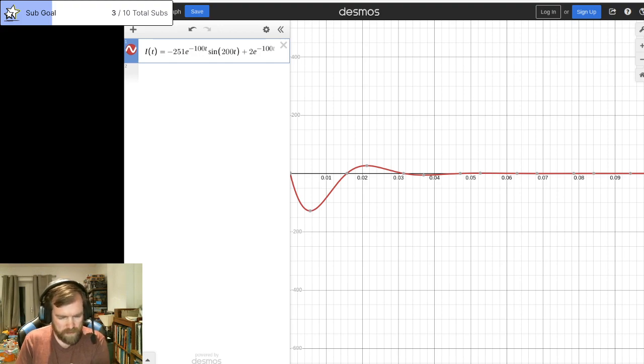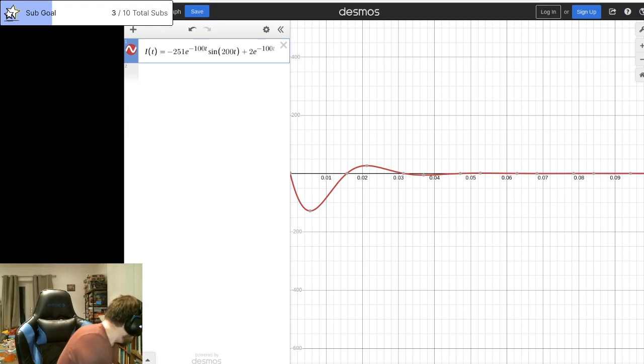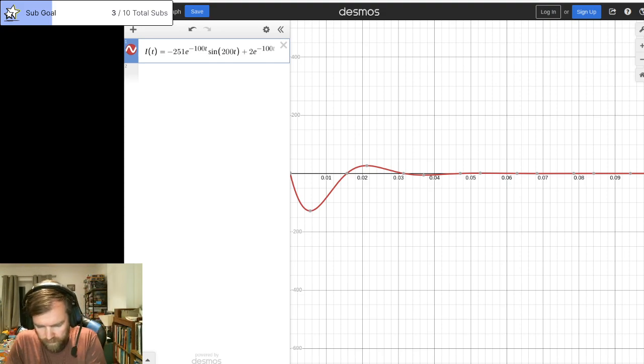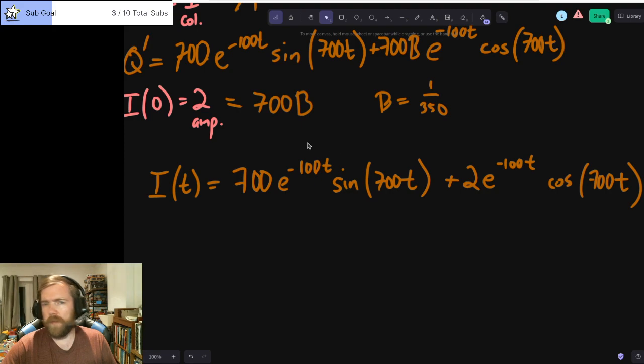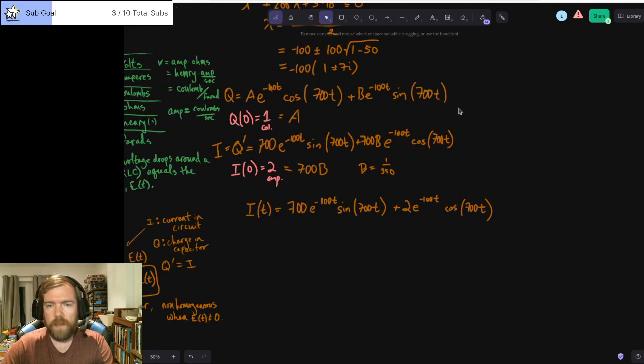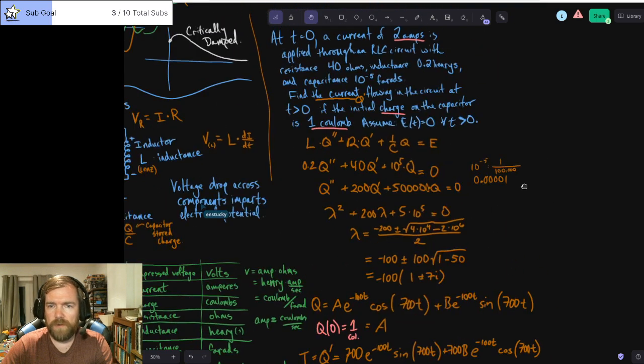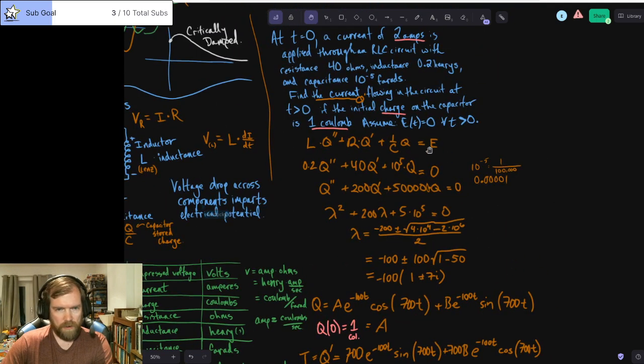All right. So if we end up having a differential equation that has an E of t function that is not 0, so if we had said here that our impressed voltage was, again, anything but 0, Zach was correct most of the time.